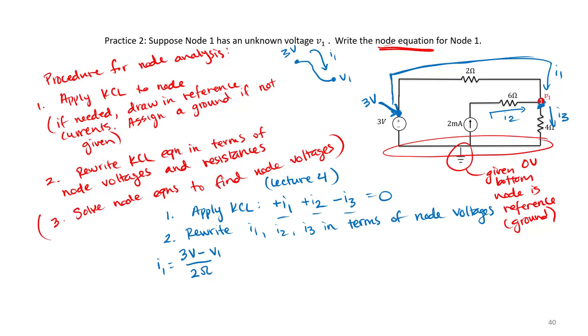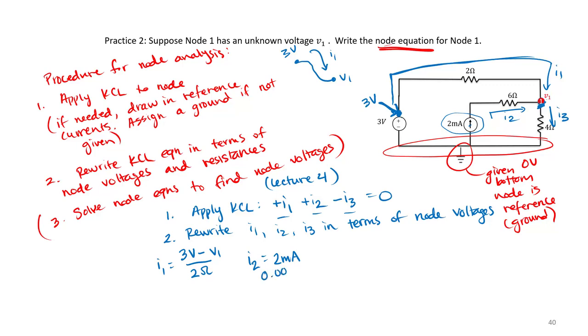What about I2? Well, it turns out we know I2. We are given this 2 milliamp source, so because that's just flowing through a resistor, there's no other paths for that current to go. We know that I2 must be equal to 2 milliamps, because that's the only path that current can take from the 2 milliamp source into V1.